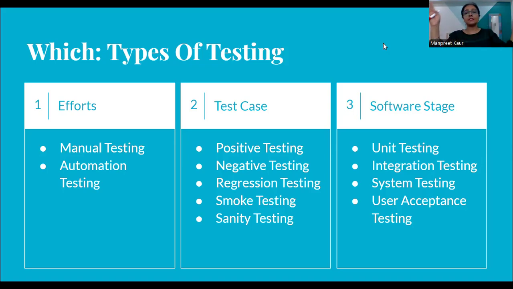System testing: once the whole website is built, the system should be working till the last page. Whatever is built should be working, right? User acceptance testing: we have built whatever was there in the sprint or that cycle, and we are now presenting that to our end users, which are called UAT users, user acceptance testing users, for a final check.